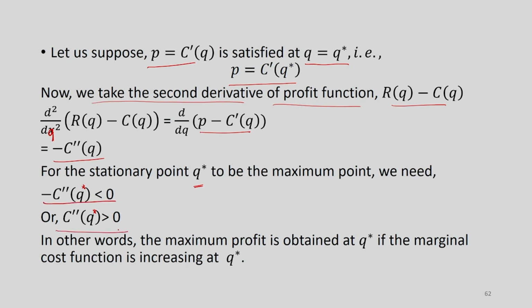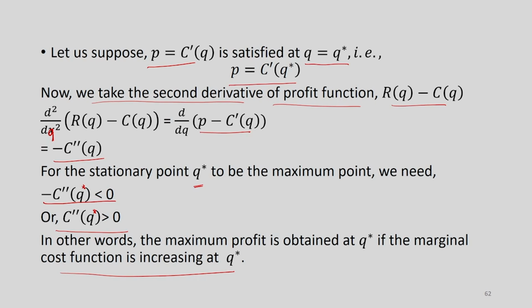And if we multiply both sides by minus 1, I get c double prime q star to be greater than 0. In other words, the maximum profit is obtained at q star if the marginal cost function is increasing at q star. That is what it boils down to.